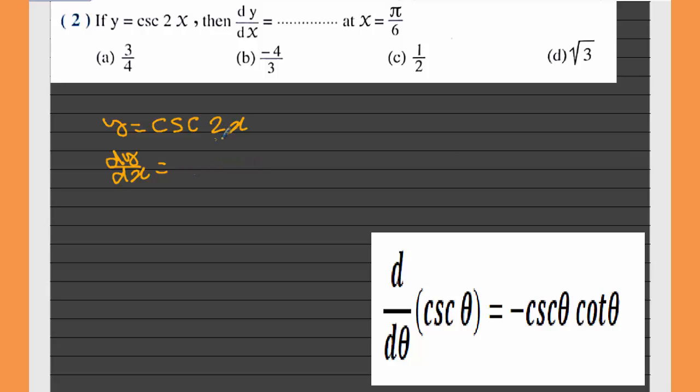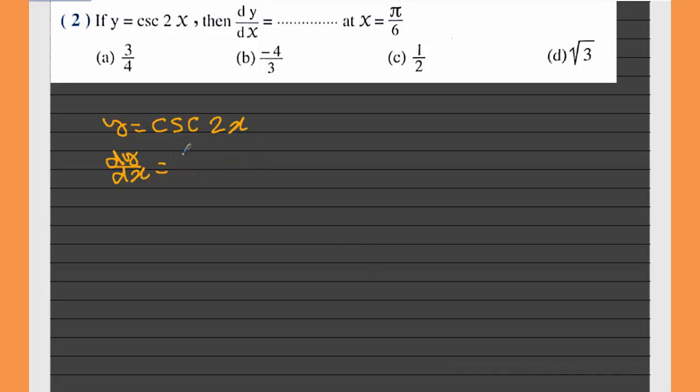But here we have cosec 2x, so its first derivative is negative cosec 2x dot cotan 2x multiply the derivative of the angle itself. The derivative of 2x is 2.